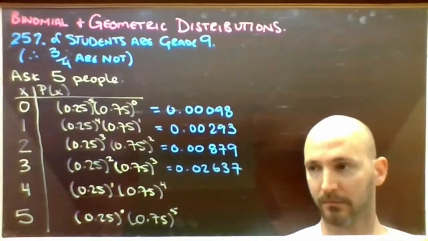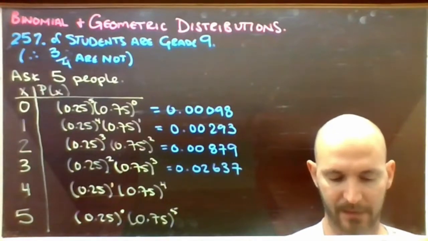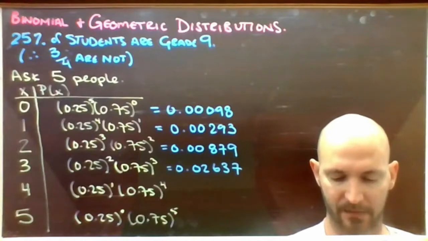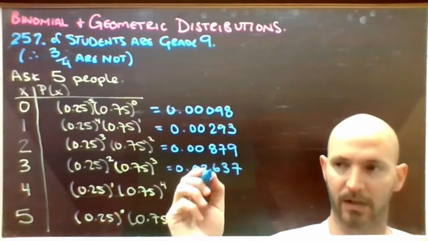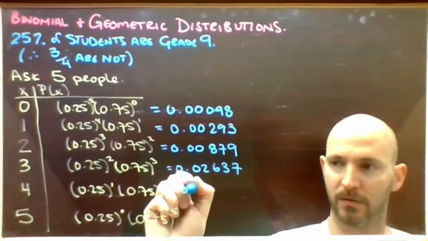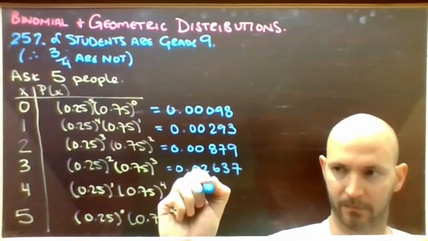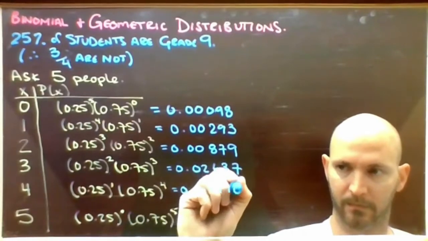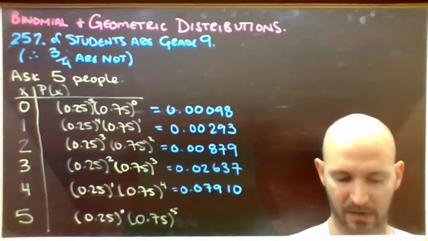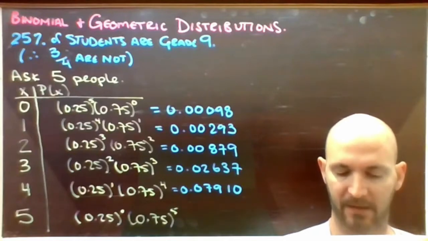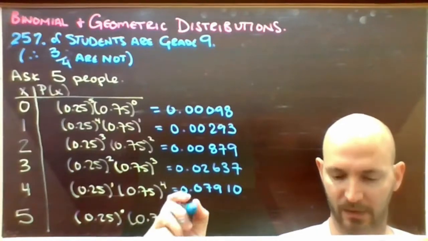And 0.25 times 0.75 to the exponent 4 is 0.07910. And my last row, 0.25 to the exponent 0 multiplied by 0.75 to the exponent 5 gives me 0.23730.